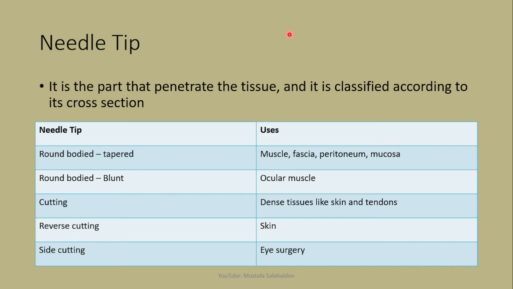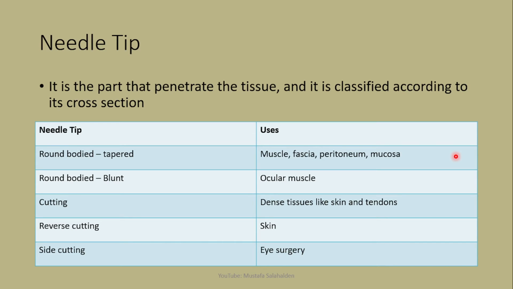Now for the needle tip, which is the point that penetrates the tissue, and it is classified according to its cross section. So we have the round bodied tapered, and we have the round bodied blunt.